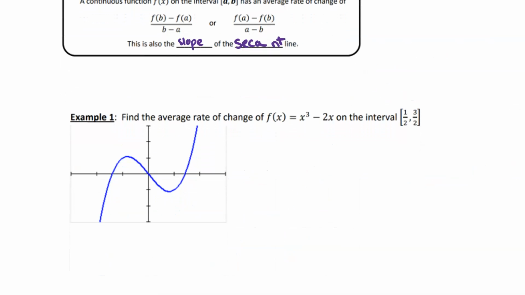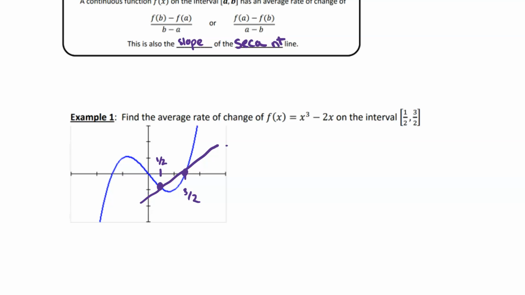So right now we're looking at the average rate of change on the interval 1/2 to 3/2 of x cubed minus 2x. So if we're imagining 1/2 to 3/2, we're looking at the slope between those points.